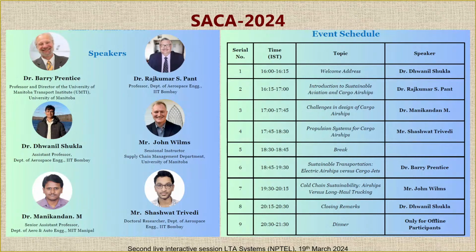The first talk will be by me on two topics: sustainable aviation, what does it mean, and cargo airships, what they are. Then Dr. Manikandan will talk for about 40-45 minutes on design challenges of cargo airships, followed by a talk by Shashwat on propulsion system for cargo airships. And after 3 lectures of 45 minutes each, we are going to take a short bio break of 15 minutes.